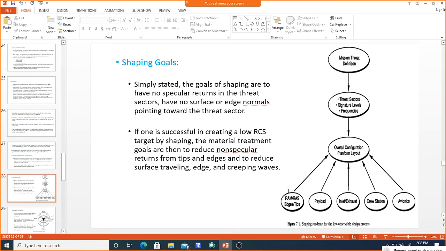So now as I said, this is the mission threat. Whatever specification they give, based on that they will identify the threat sectors where the significant scattering centers are, and also the signature levels and frequencies. Once they identify the scattering centers and the threat sectors, they will do the overall configuration in the platform layout.